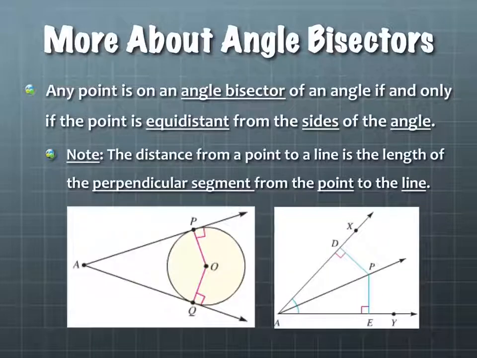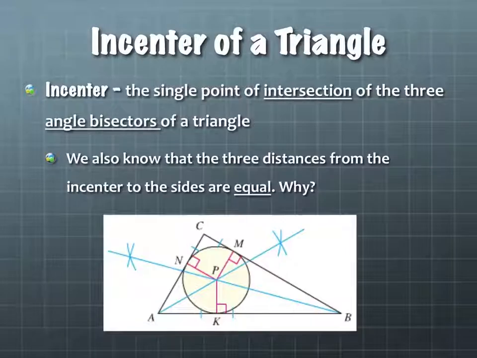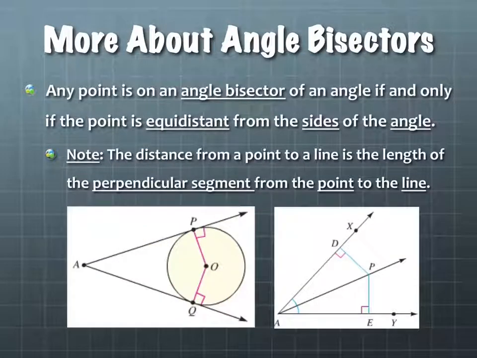And by definition over here, a point that is on the angle bisector, and that's what this is. This point P is on two angle bisectors. It's actually on three; the other one's just not drawn in. But a point on an angle bisector has to be equidistant from the sides.